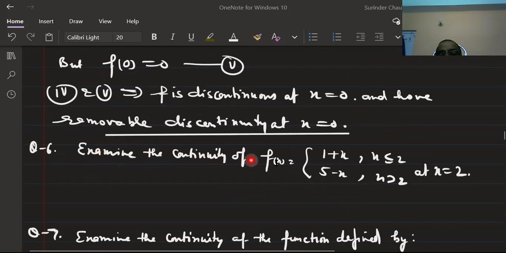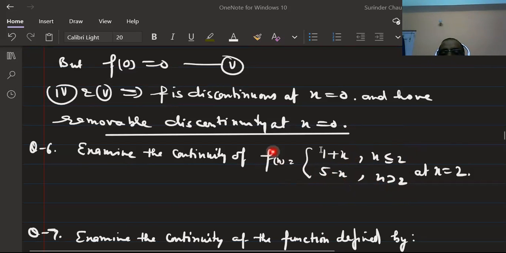Examine the continuity of this function. Now f(x) is equal to 1 plus x if x is less than or equal to 2, and 5 minus x if x is greater than 2. The function is a polynomial in the left neighborhood of 2, and another polynomial in the right neighborhood of 2.